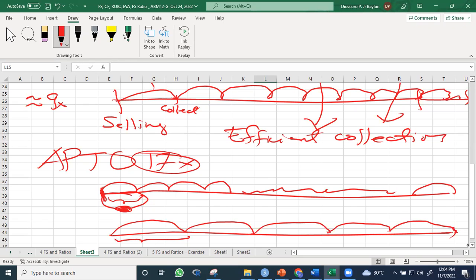Okay, so the lower the APTO, the better for the company because it means that they have a longer period to pay their trade payables. No? And that can mean that their business partners, their creditors, give them a longer time. And nangyayari lang yan, one scenario is that you are more powerful than your suppliers.